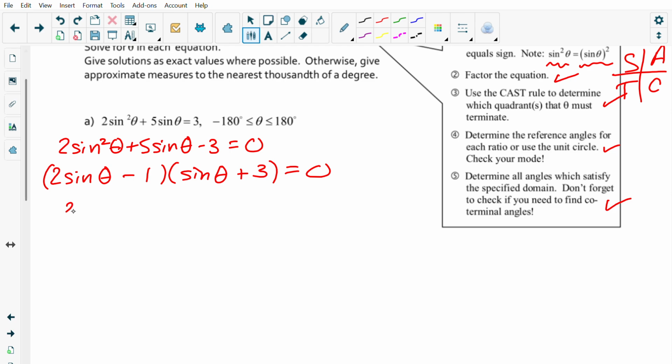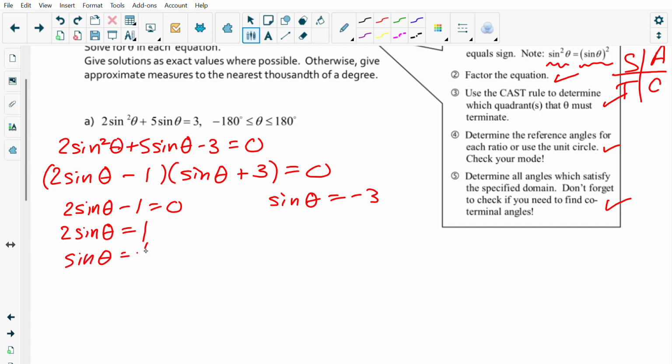All right, I have two factors to solve. 2 sine of theta minus 1 equals 0, and sine of theta plus 3 equals 0. Let's solve just like we normally do. So 2 sine of theta equals positive 1, so sine of theta equals 1/2.